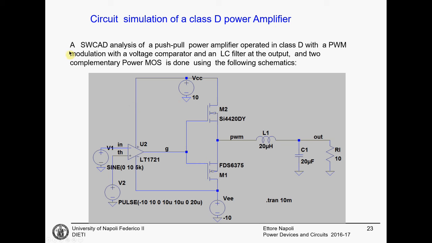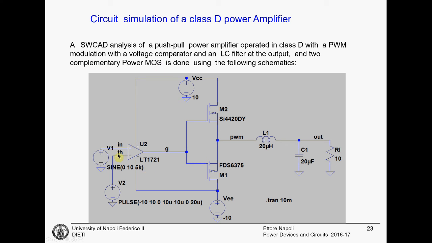This will be a SwitcherCAD, a PSpice equivalent simulator, analysis of a push-pull power amplifier operating in Class D with pulse width modulation with a voltage comparator and one LC filter at the output. It also has two complementary power MOSFETs as power devices. And this is the schematic of the circuit.